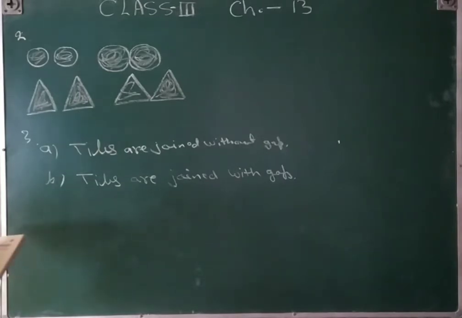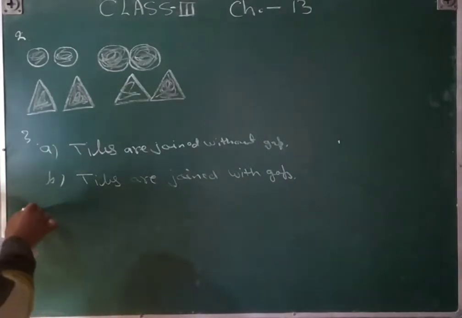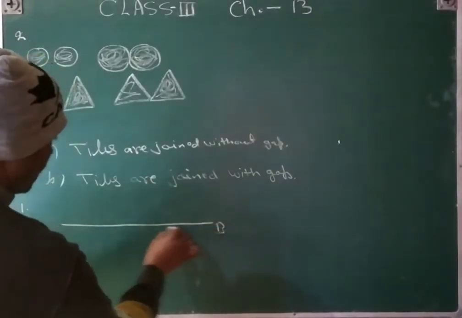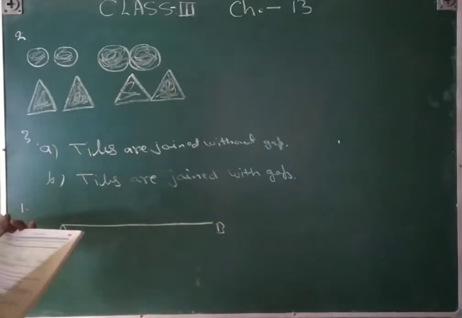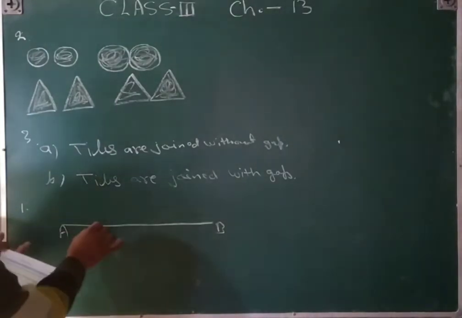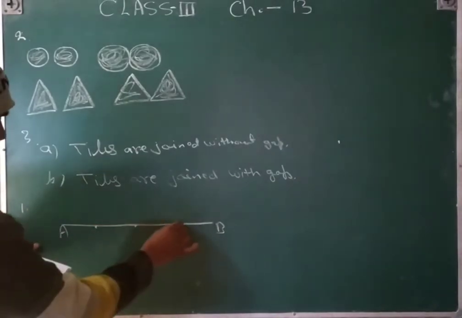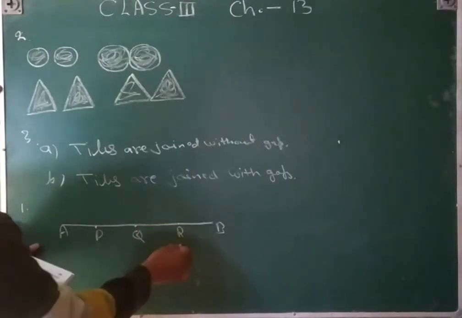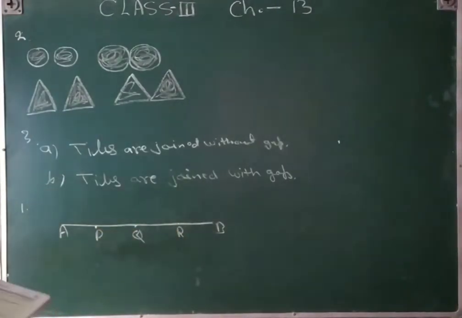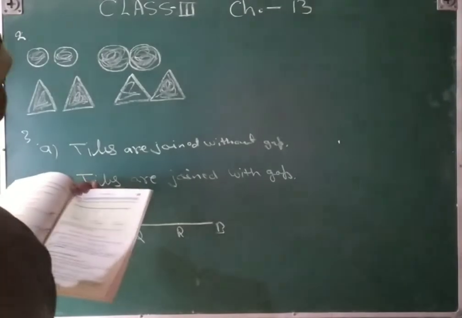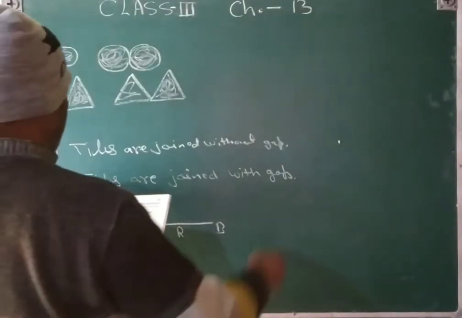13.2, draw a line segment AB, and then put 3 points on the line segment AB and name them. We will put 1, 2, 3 points, and we can write any names, P, Q, R, etc. Second question, in the figure given below, name the points and the line segments.